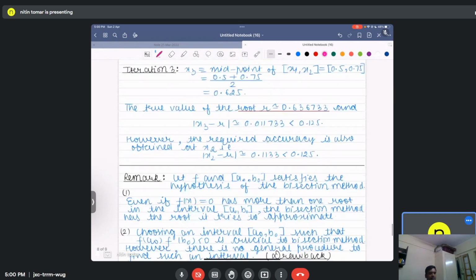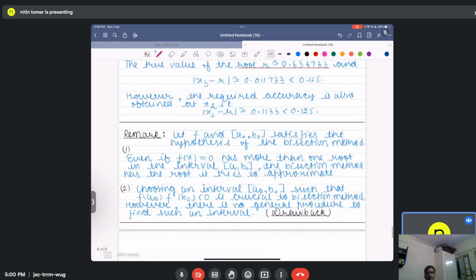And we did that. Then there were two remarks that I discussed with you. Please do not be confused: if you see a function that has more than one root, the bisection method will still have a root that it tries to approximate.